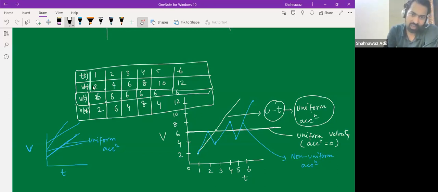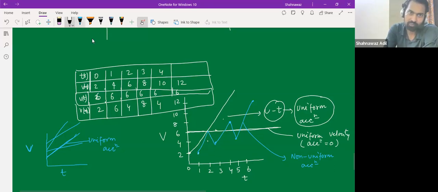So then I'll have to change the graph like this: 0, 1, 2, 3, 4. Then the graph would start from here: 2, 4, 6, and so on. So this is the graph for this data, because it is starting from 0. So this was the mistake. You guys can just change the graph from here.